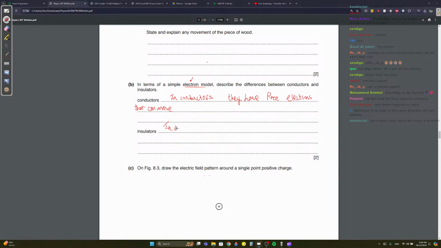In insulators, the free electrons are absent and its electrons can't move.